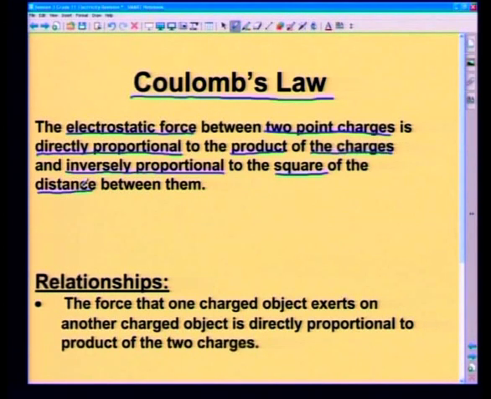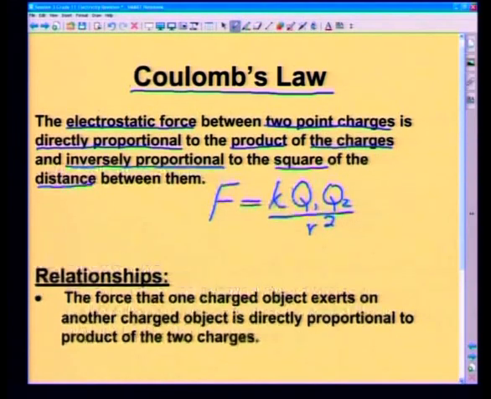Now we can work on this law from section to section, but allow me to just write it down here mathematically. At the end of it, we will be coming to that law, which is called Coulomb's law.